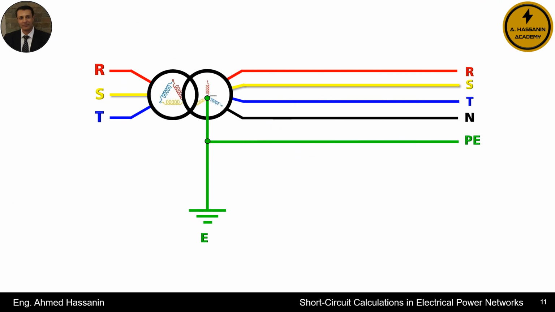Thus, we can say that the power network, in general, consists of 5 conductors. 3 conductors forming the three-phase system, R, S, and T. 1 conductor dedicated to the neutral line, 1 conductor dedicated to ground, earth, regardless of whether the neutral point is connected to the ground or not.